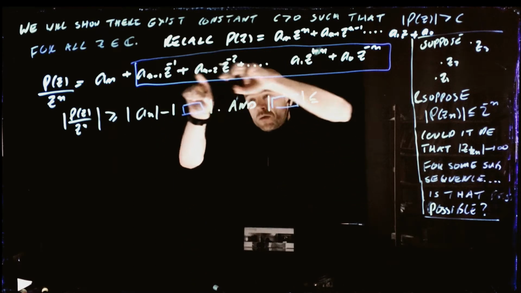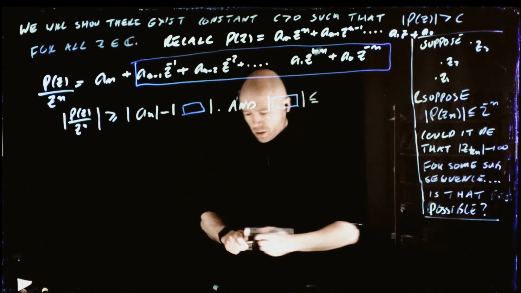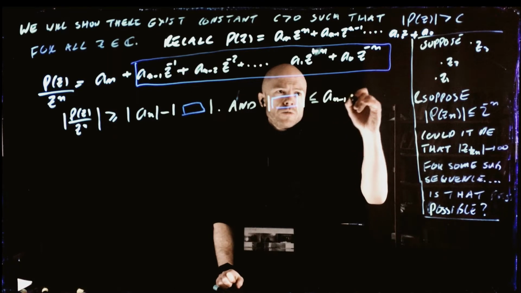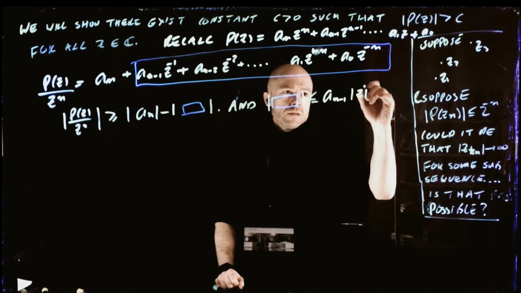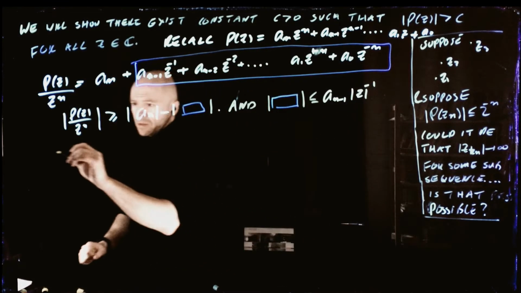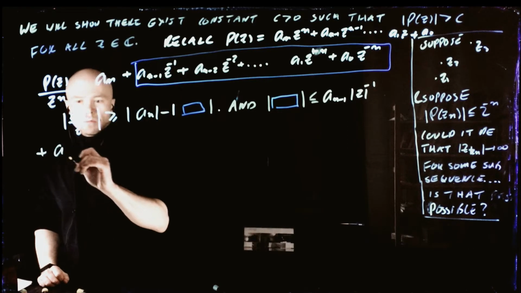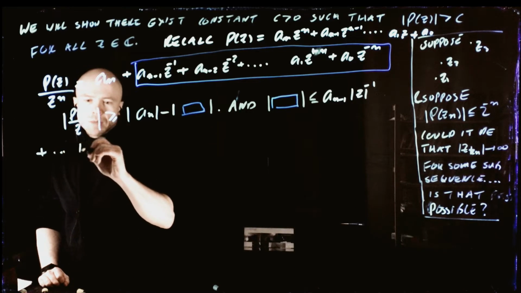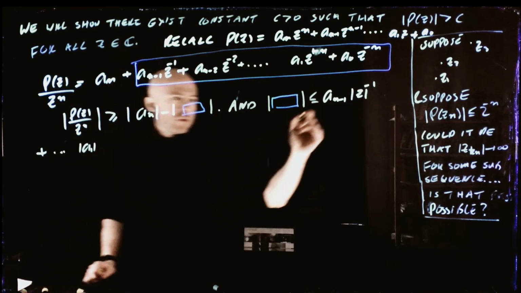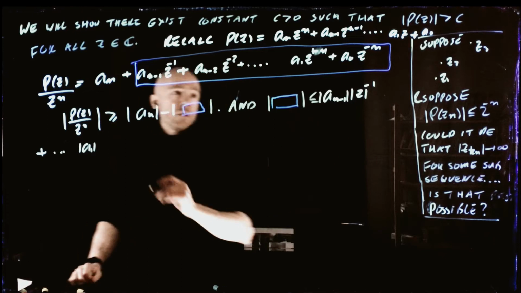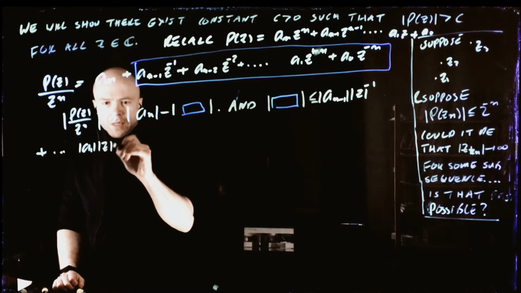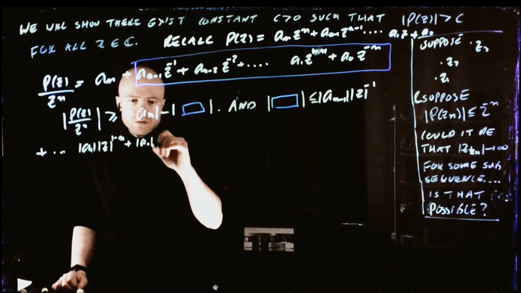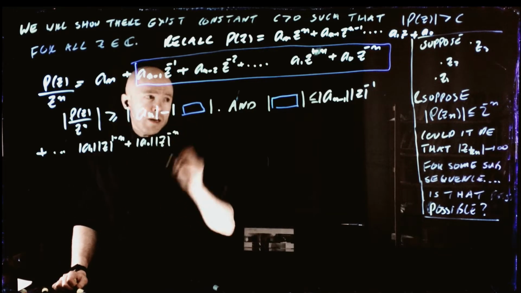We're just going to use the triangle inequality, pass through all of that stuff, right? So it's less than the absolute value of a n minus 1 times the absolute value of z to the minus 1, plus dot, dot, dot, plus the absolute value of a1 times the absolute value of z to the 1 minus n, plus the absolute value of a0 times mod z to the minus n.